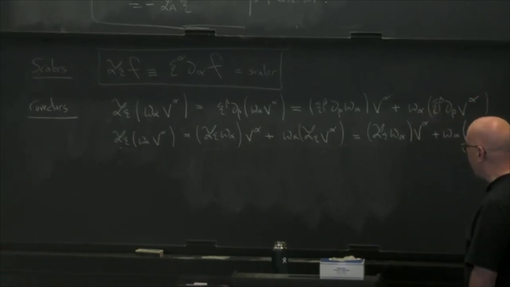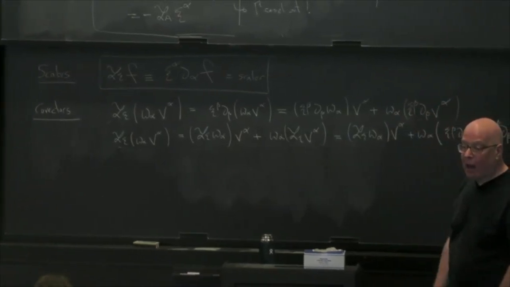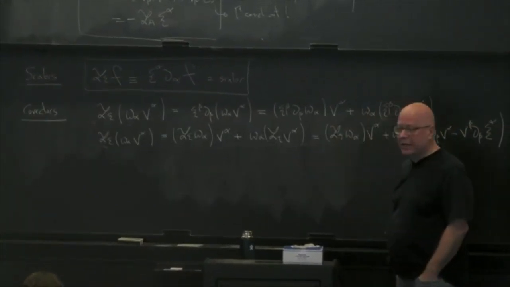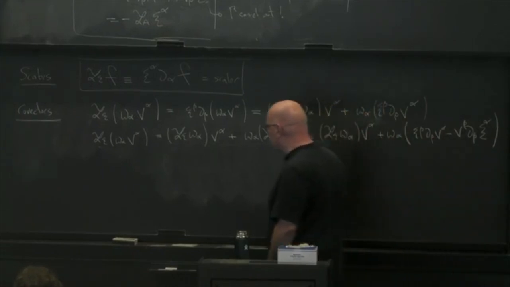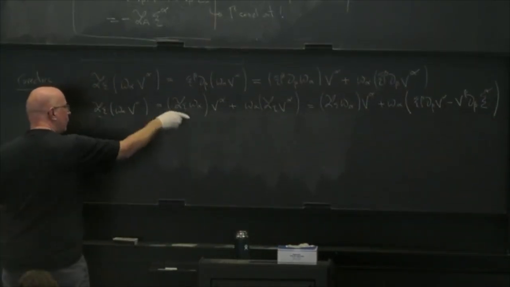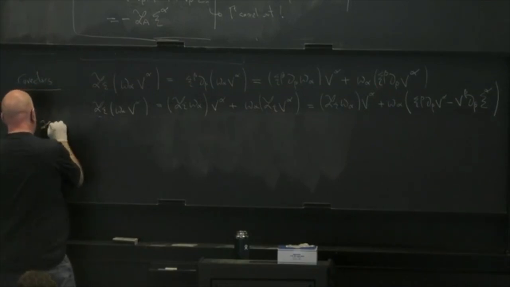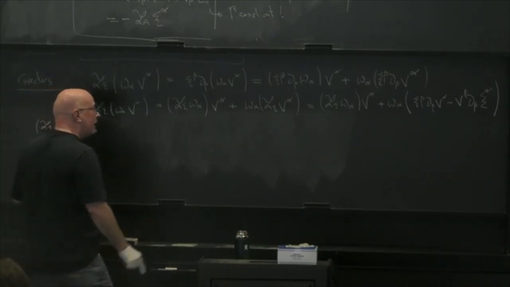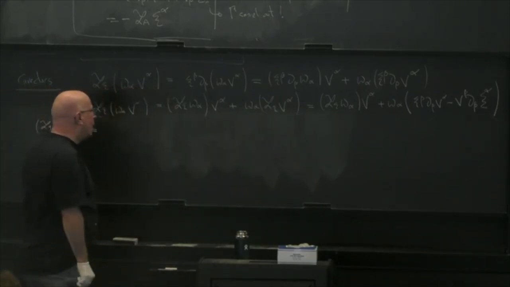And now it's just a matter of making the two lines equal, because they are, and isolating this guy, because that's what we want to know. So let's do this. So I'm going to isolate this guy over here. So on the left-hand side, we're going to have the Lie derivative of omega. And then on the right-hand side, I'm going to push everything else over.